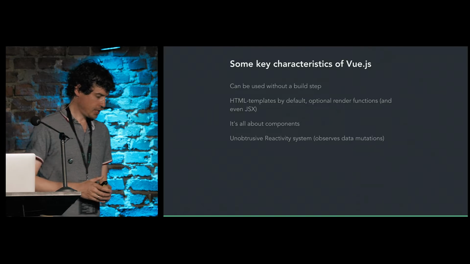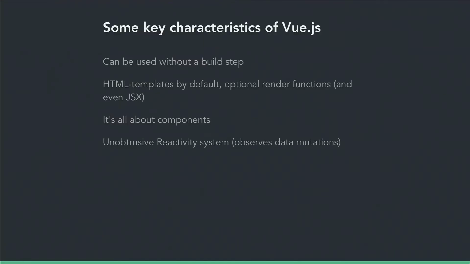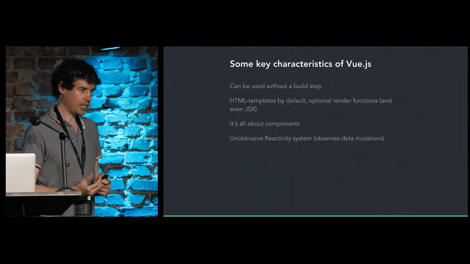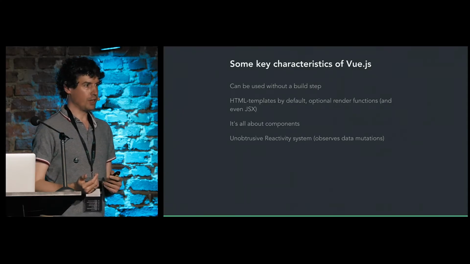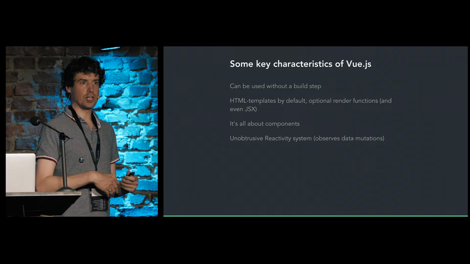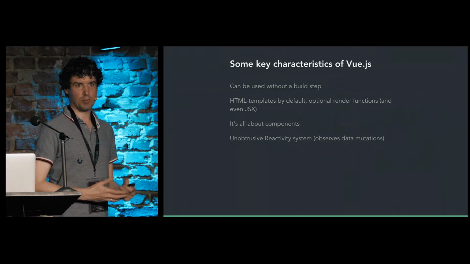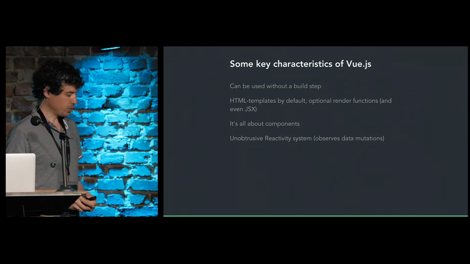What really sets Vue apart from other frameworks is its reactivity system. It uses no dirty checking, but it registers watcher functions into the attributes of your state, and when you change them, Vue gets notified and can re-evaluate everything that depends on that attribute.